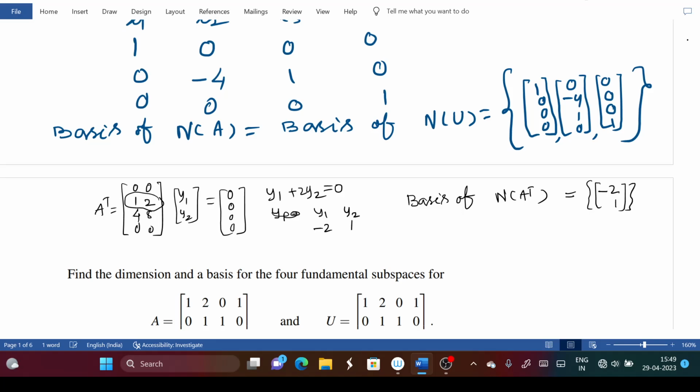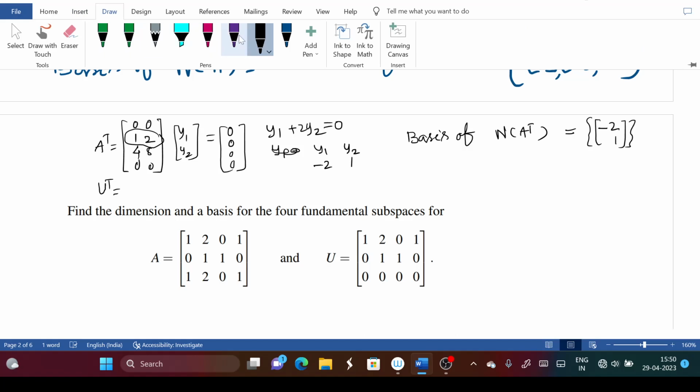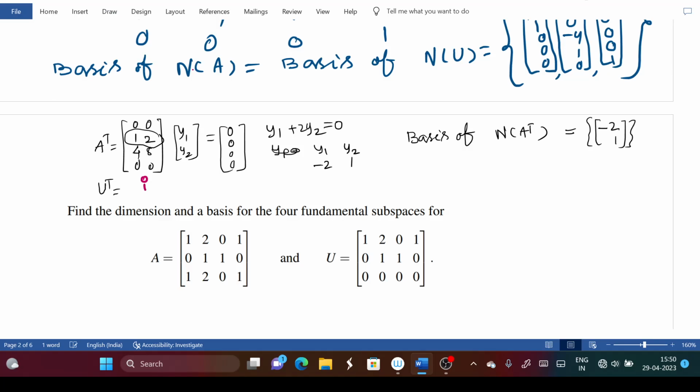And what about the U transpose? U transpose is 1 0 1 4 0. Let me change the color so that it will be clearly visible. 0 1 4 0 0 0 0 0. This is our U transpose.